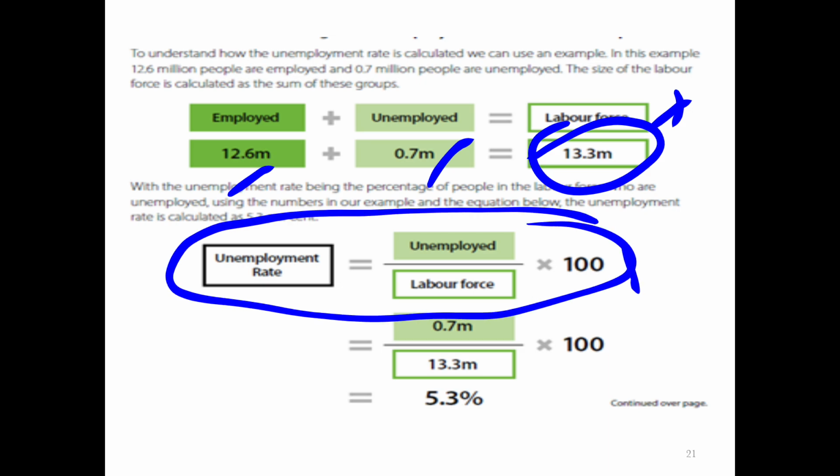In order to calculate the unemployment rate, the formula is like this: the unemployment rate equals the number of unemployed persons divided by the labor force, times 100. In our example, the unemployed persons equal 0.7 million, divided by the 13.3 million, which is the sum of employed and unemployed persons, multiplied by 100.